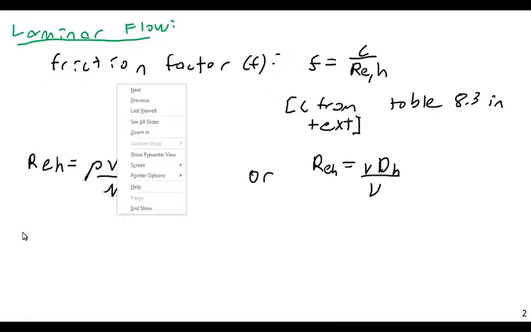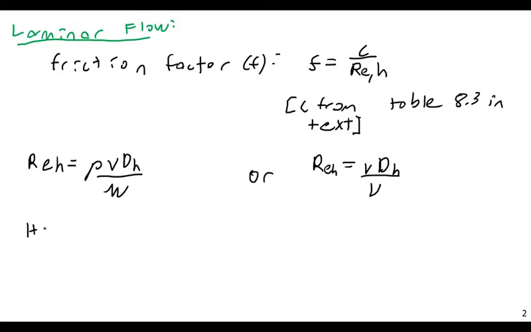And so the hydraulic diameter, which is our d sub h, is a way of calculating an equivalent circular cross-section for a rectangular or other shape.